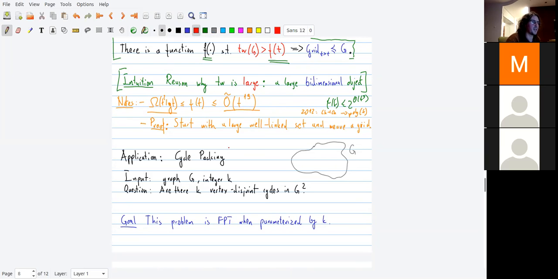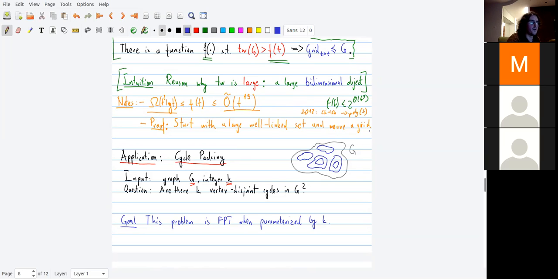So now we will make an application of this theorem to the cycle packing problem. The cycle packing is a very nice problem. You are given a graph G and an integer k. And the question is whether in your graph you can find k vertex disjoint cycles. So cycle number 1, cycle number 2, cycle number 3, cycle number 4, maybe cycle number 5, maybe cycle number 6.